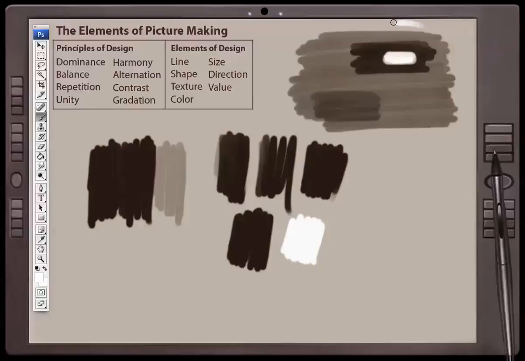It is this part here that dominates over this part. Here, the strength of value contrast is not as strong as it is over here, and therefore it is this that dominates over this. So here's an example of dominance through strength of contrast.